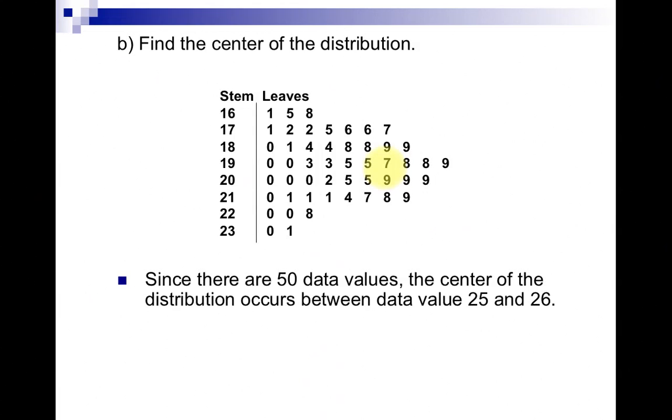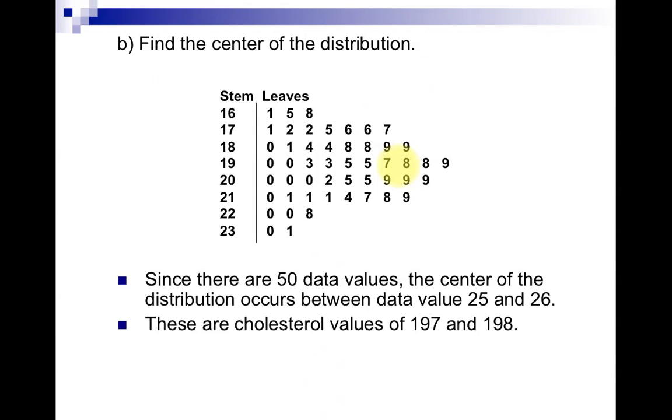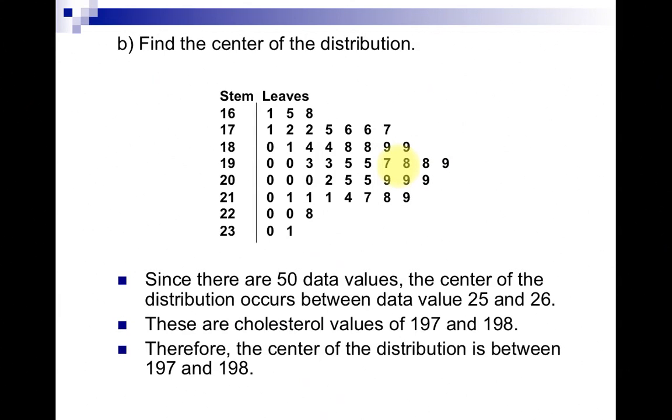So 197 is the 25th data value and 198 is the 26th data value. So the center of the distribution falls between cholesterol values of 197 and 198. Okay, so the center of the distribution is between those two numbers.